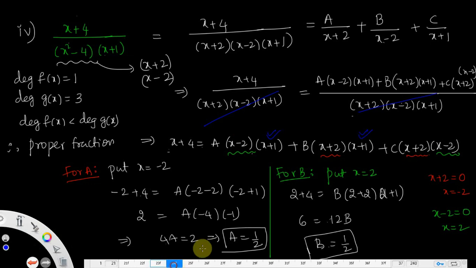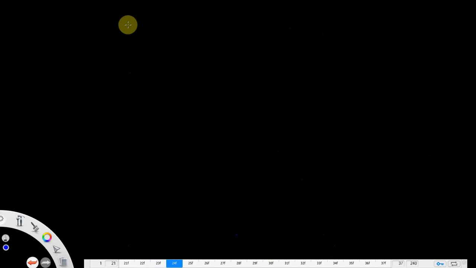So put x equal to minus 1. That is x plus 4 we have.